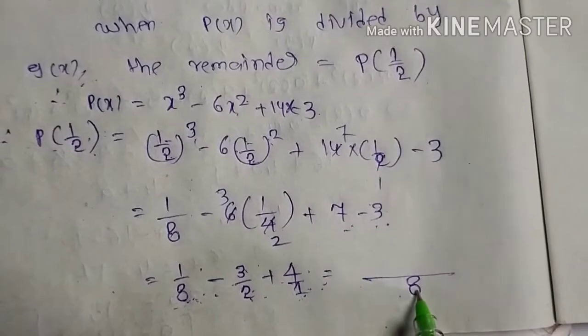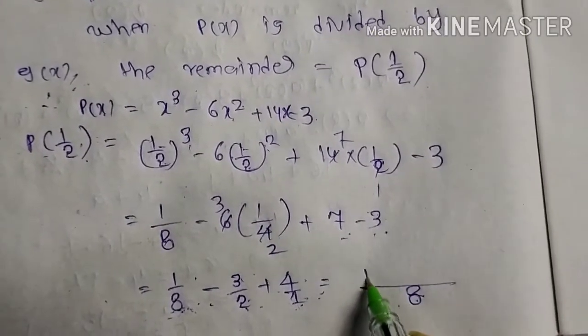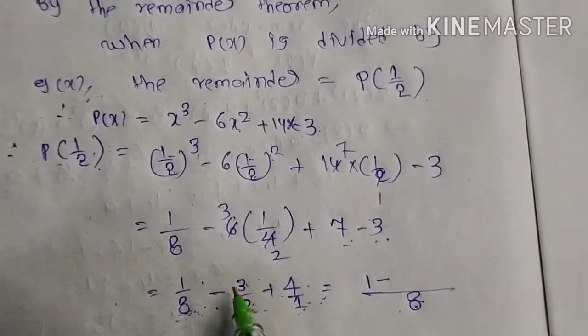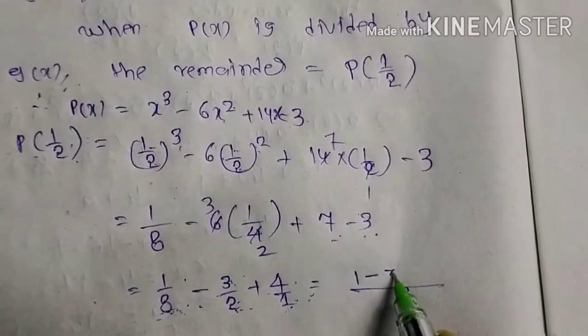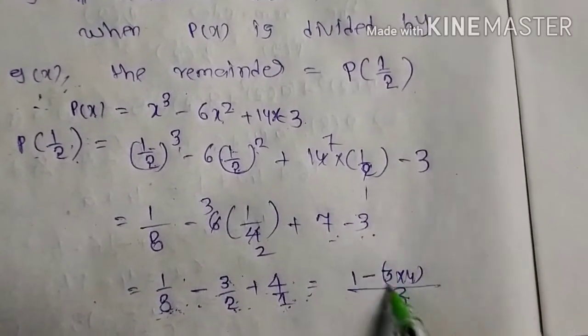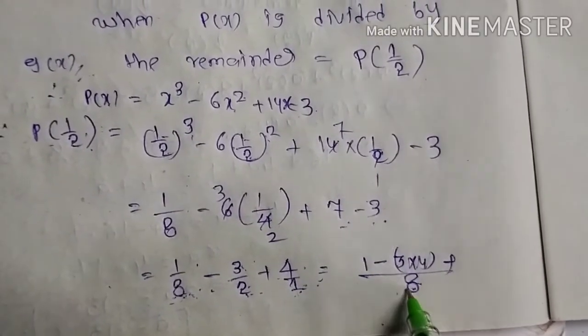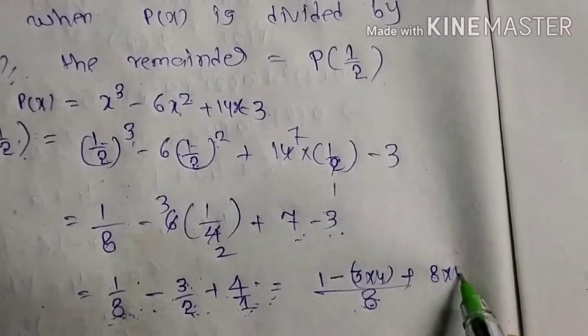First you divide LCM by denominator. 8 by 8 is 1, so 1 into 1, 1 only, minus. Here 2 fours are 8. That means 3 into 4. You can write here 3 into 4 plus here, see, 1 eight is 8 only. That means 8 into 4. You can write here 8 into 4.